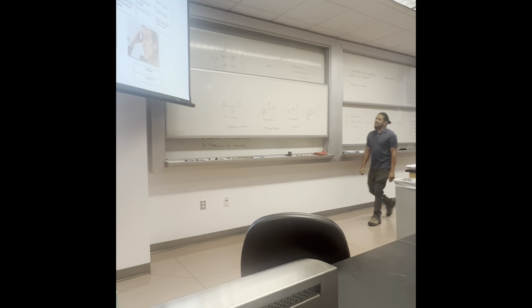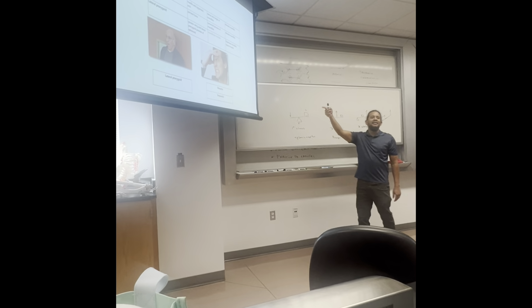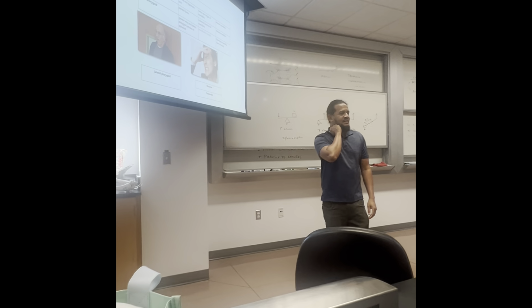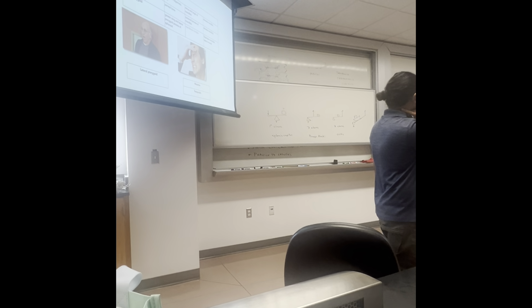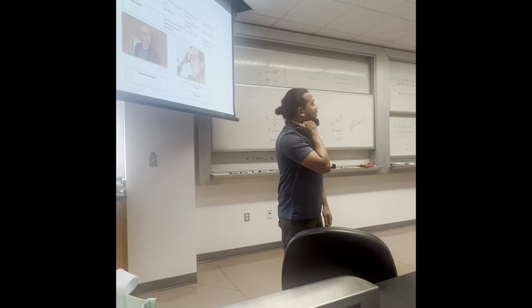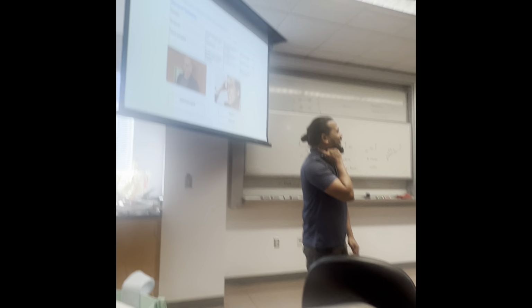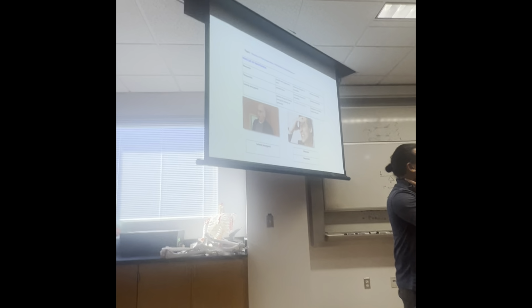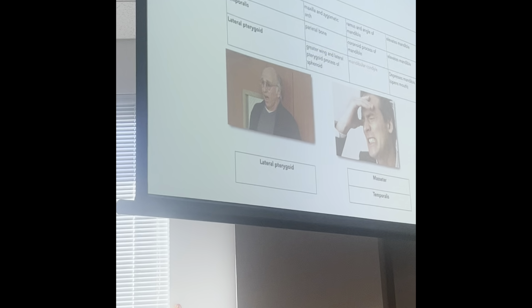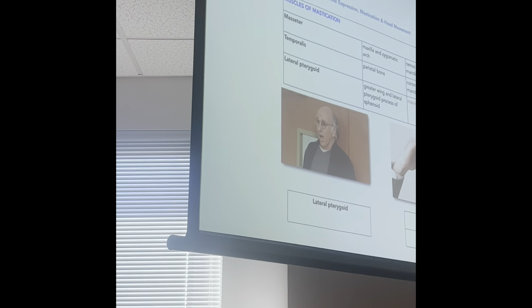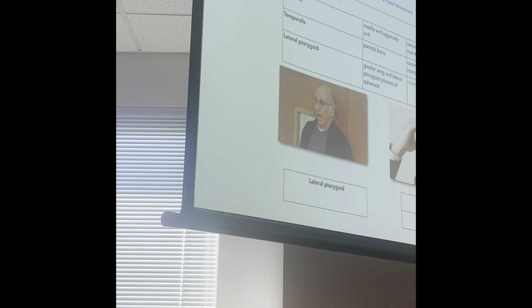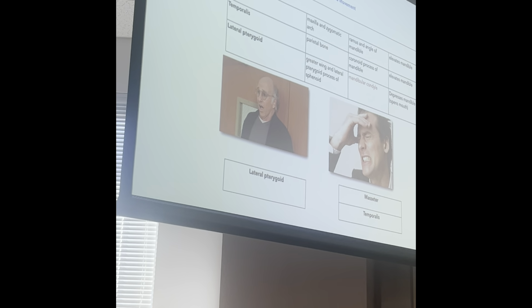Okay, so again, scenario questions about this. If I cut the lateral pterygoids, will I get the guy on the left or the guy on the right? The one on the left, the one that's holding his forehead.